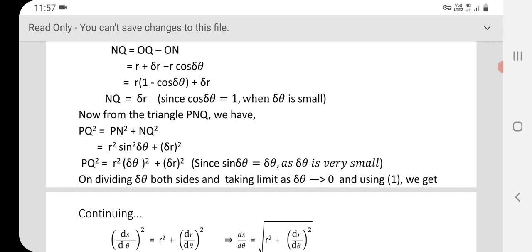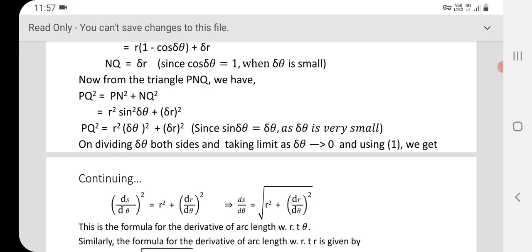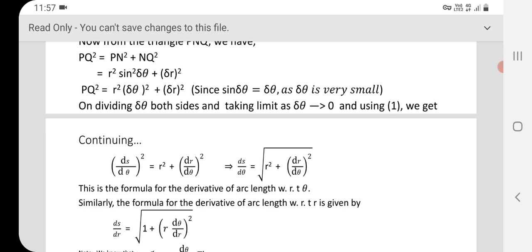On dividing by delta theta squared on both sides, taking the limit as delta theta goes to 0 and using 1, we get (ds by d theta) whole square equals r square plus (dr by d theta) whole square.